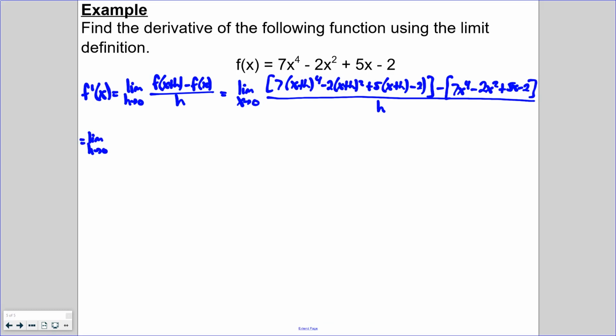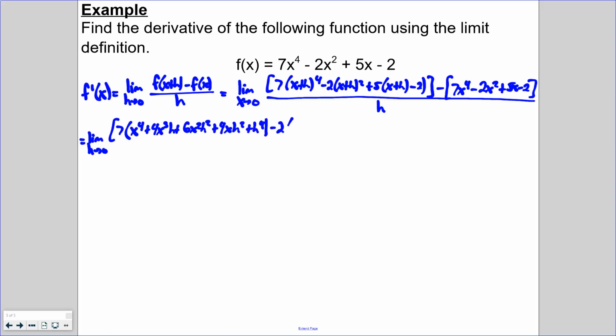So we have the limit as h approaches 0, and we're going to have 7 times x plus h to the fourth, get ready, x to the fourth plus 4x cubed h plus 6x squared h squared plus 4xh cubed plus h to the fourth.